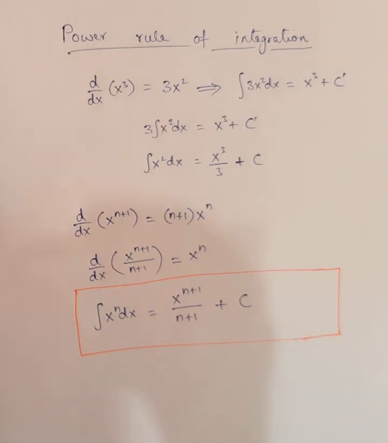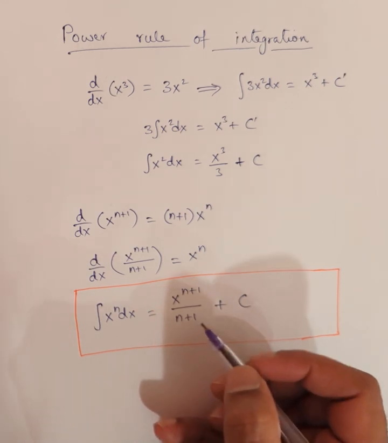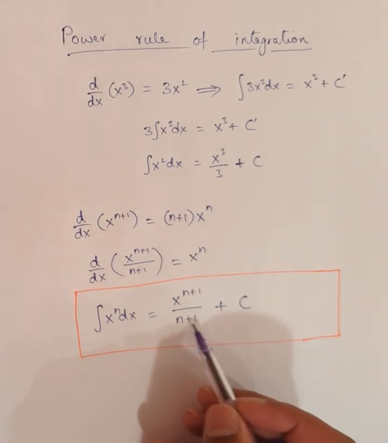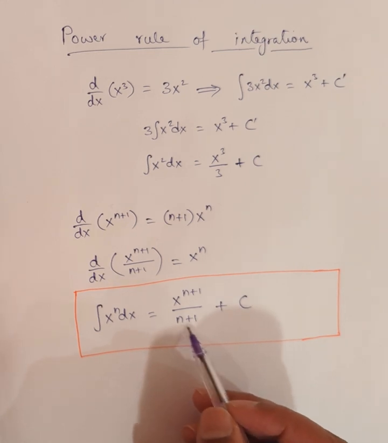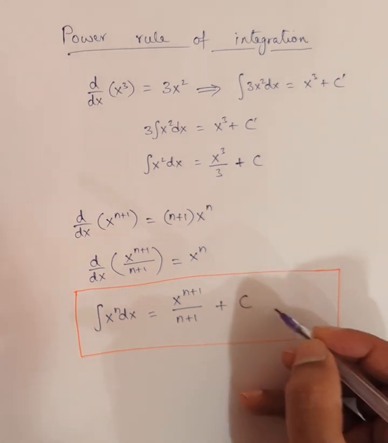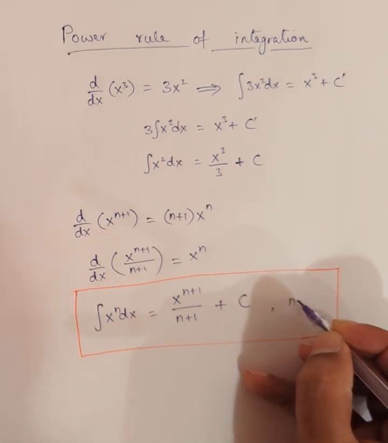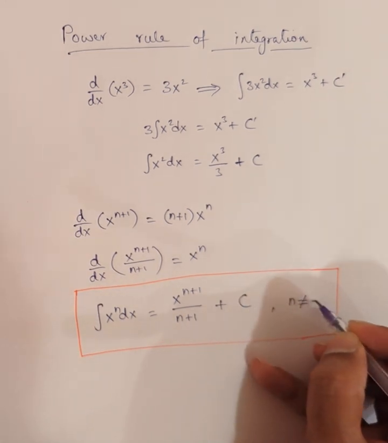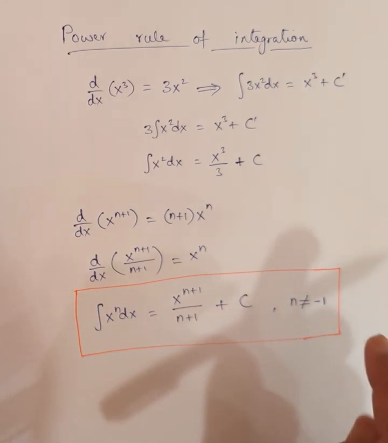And notice that I actually left some gap, because whenever your formula says to divide, you just want to make sure that you're not dividing by 0. So this formula won't work if n plus 1 is 0. So provided that n is not equal to negative 1. That's what I wanted to write here.